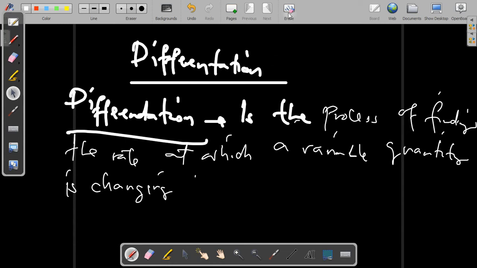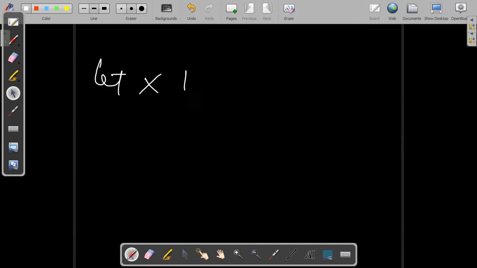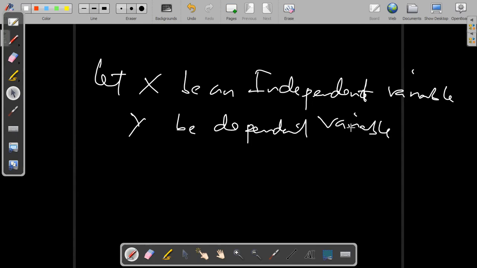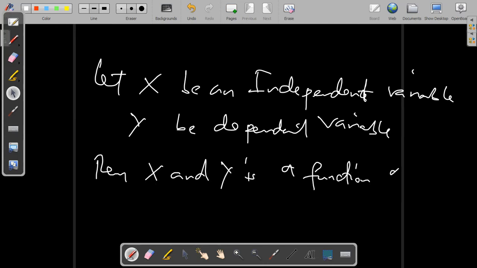For example, let x be an independent variable and y be a dependent variable. Then we may conclude that y is a function of x.